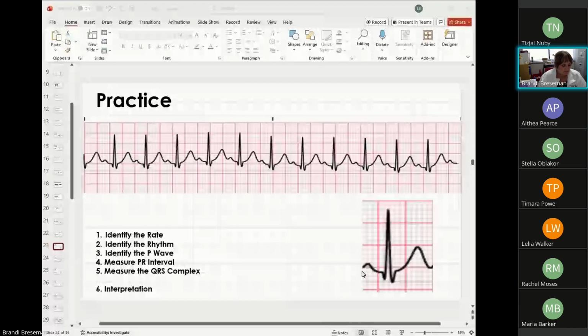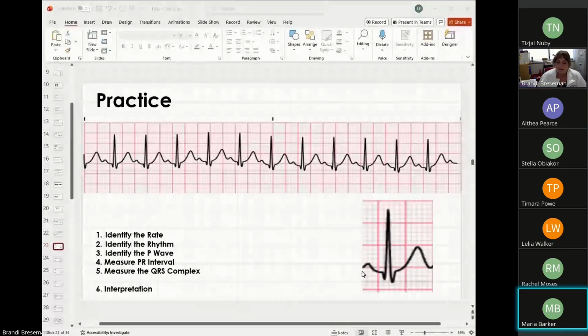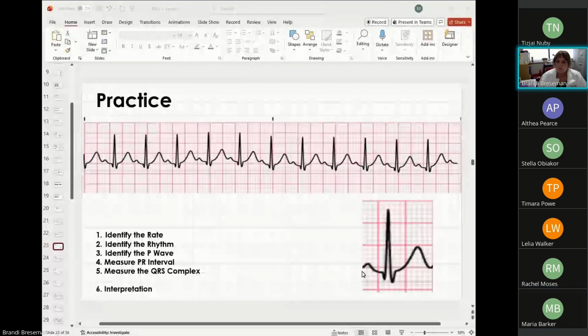What are some symptoms they can have? Dizziness. Headache. Palpitations. Good job. What do we do if the patient's symptomatic? We treat them. And how do we treat them? Depending on the cause. Yep. We find the cause and we treat the underlying cause.